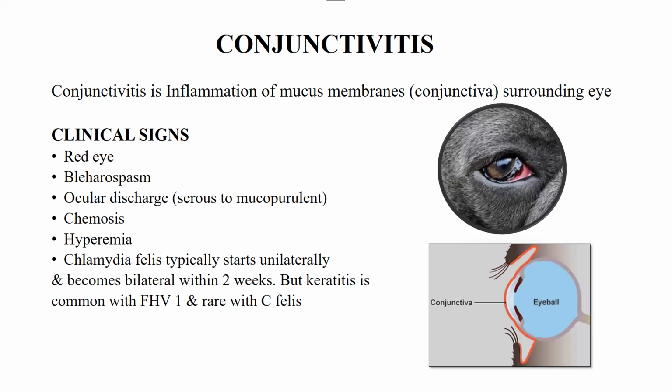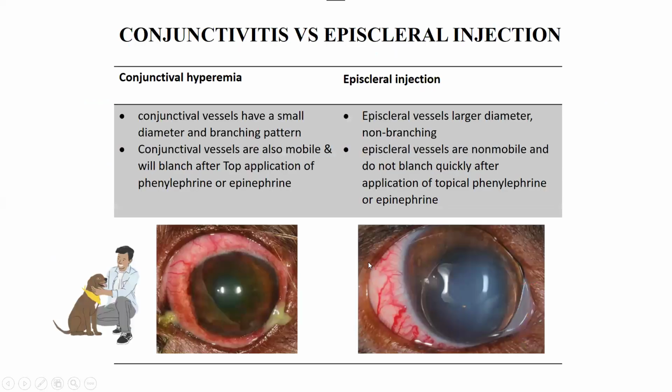But with feline herpes virus 1, keratitis is seen in cats, while keratitis is rare with Chlamydia felis. You can see this image. This is the whole conjunctiva. Its inflammation is going to be conjunctivitis.